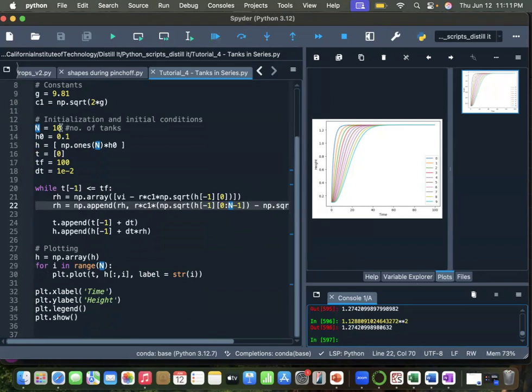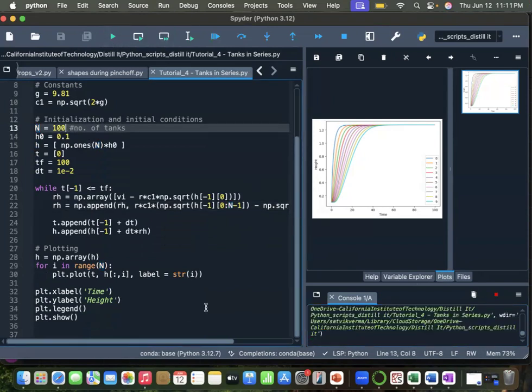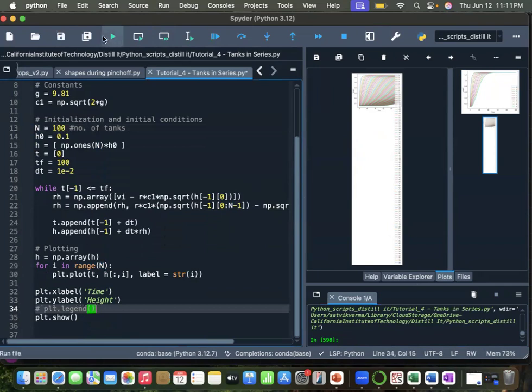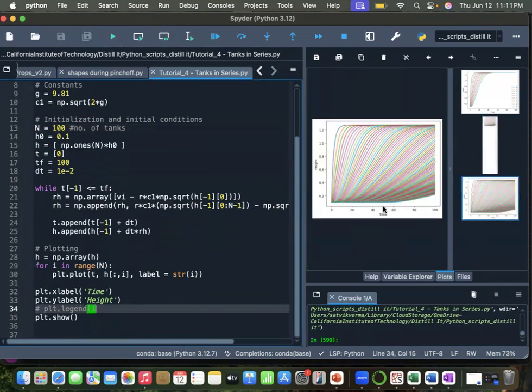And we could just go on for multiple tanks. Let's go for 100 tanks and see what happens. This is going to take some time, and let's just not display the legend maybe because it's going to be hard to see. But you see that as you're going towards the right over here, the tanks are slowly starting to fill.